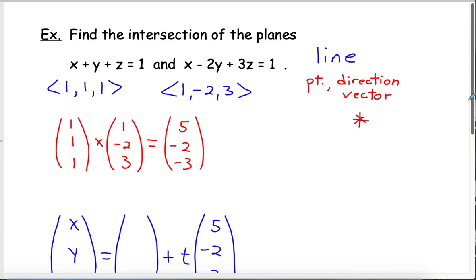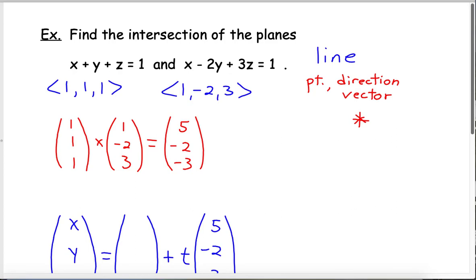So one idea, and it takes a little while to visualize this, but picture these two planes in 3 space, and the intersection of these two planes is going to be a line. That line probably will intersect the xy plane. Picture two planes in 3 space, and picture where the two planes intersect, and that's a line.